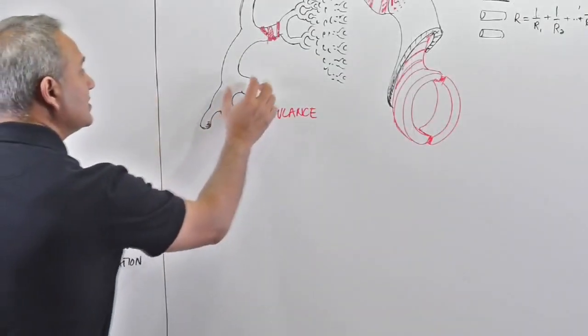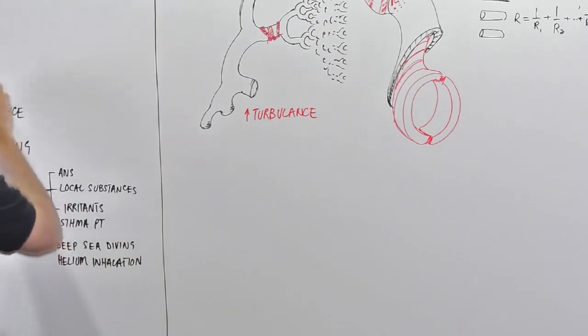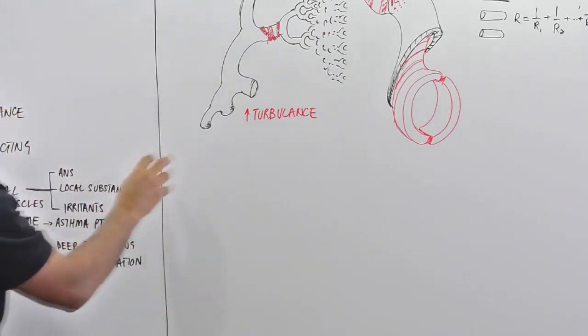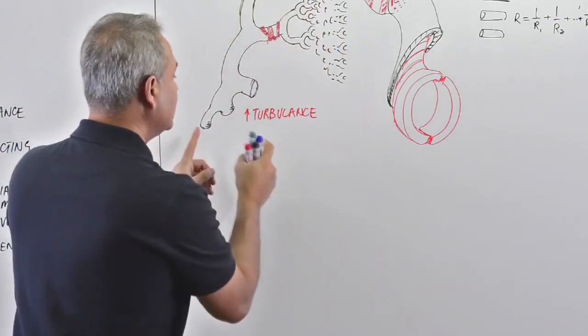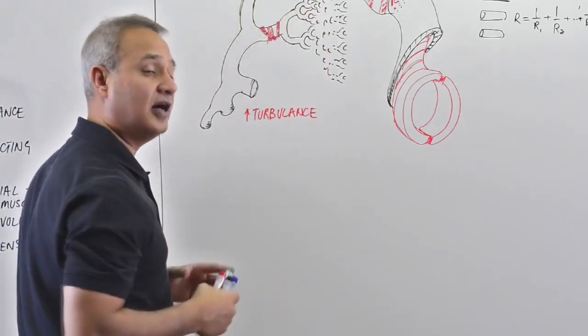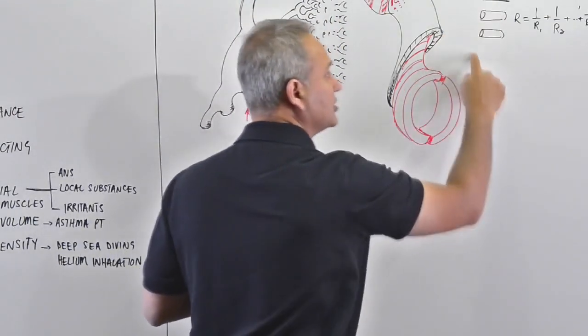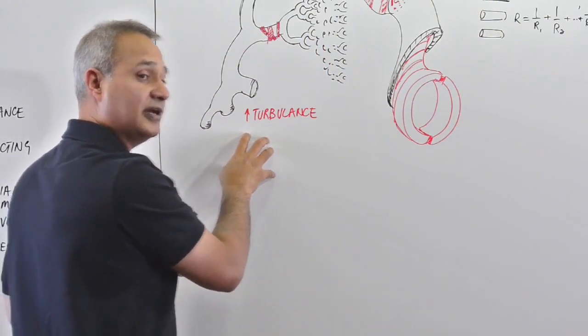So in these areas, the diameter is high. The viscosity of the air is almost the same everywhere. So because of higher diameter, the chances of turbulence are bigger in here. So due to that, the resistance is more in the larger vessels. So these are the two factors: one, parallel resistance, and number two, the turbulence is more in the larger sites.